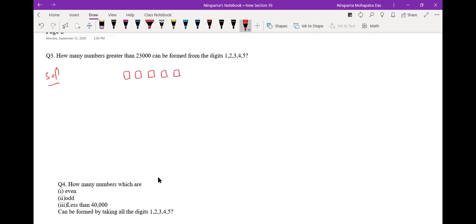We are given 1, 2, 3, 4, 5. So we are given 5 digits, so we cannot form 6-digit numbers. Maximum we can form 5-digit numbers, because we have 5 digits only.